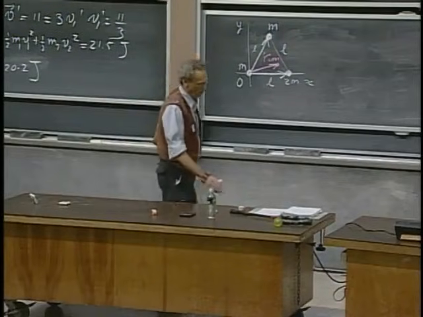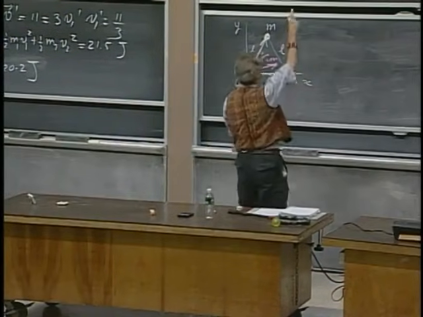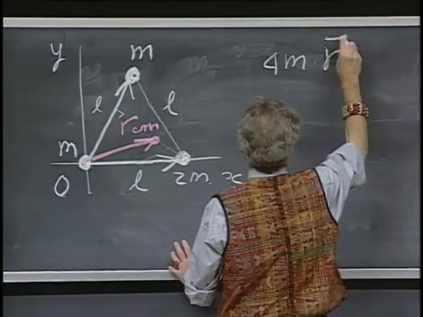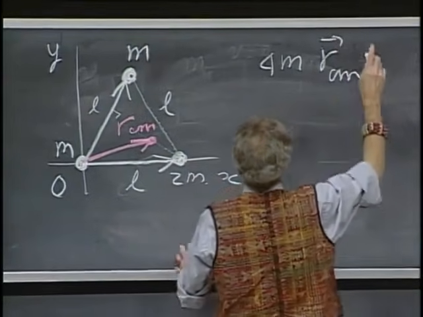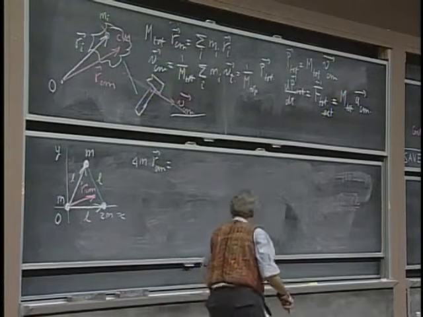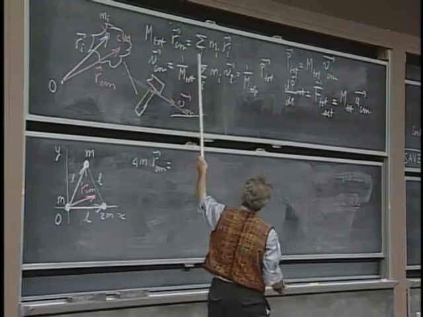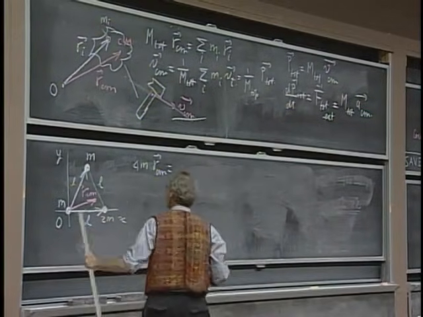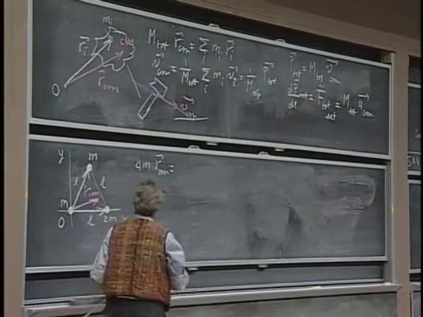And so now we can calculate the position of the center of mass as follows. We know that the total mass, which is 4m, times the position vector of the center of mass, which is my definition for center of mass, equals the sum of the individual masses times their position vector.